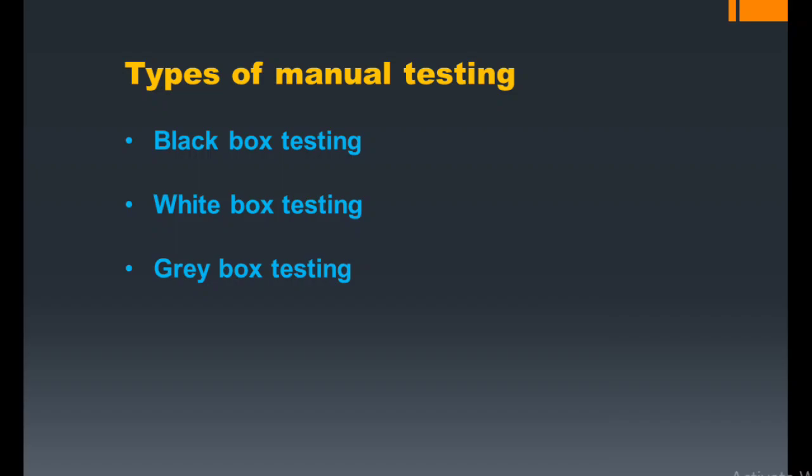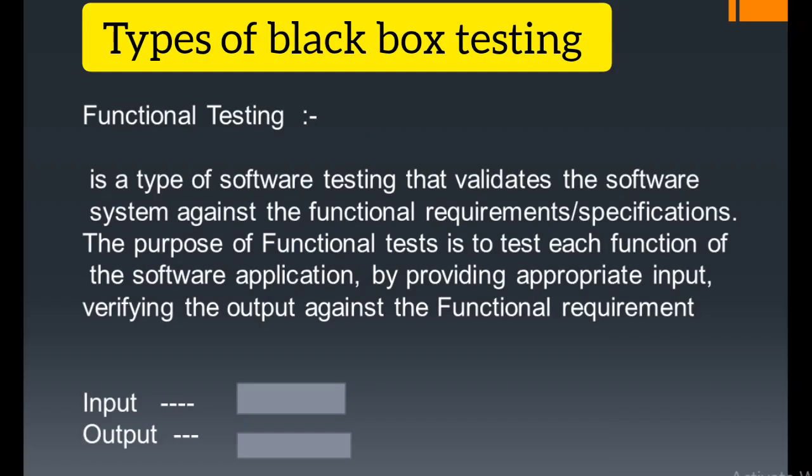Now we learn the testing processes from black box testing, which testers perform during the software testing process. The first is functional testing. So what is functional testing? Testing the functionality of each and every field, feature, and module. It is software testing that validates the software system against its functional requirement specification. Every software is made for its functionalities. For example, Gmail is made to send mail to our clients, friends, and family.